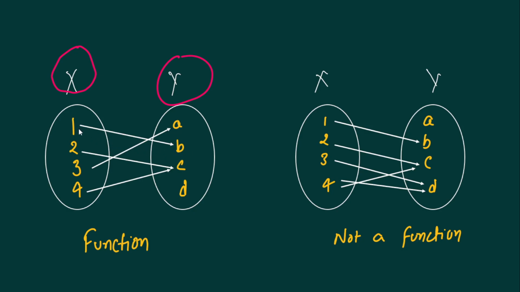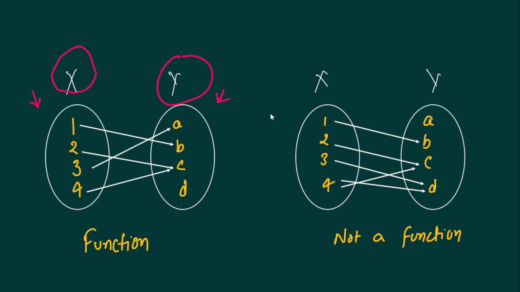Here 1 is mapped to B, 2 is mapped to C, 3 is mapped to A, and 4 is mapped to C. So this is called a function. Every element of X is mapped to a single element in Y.